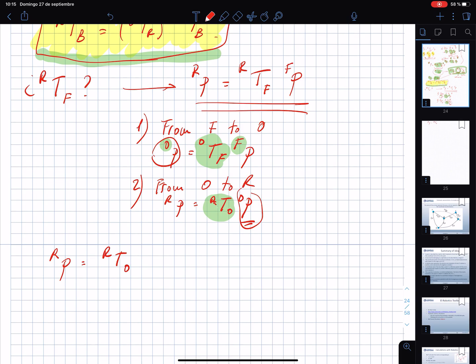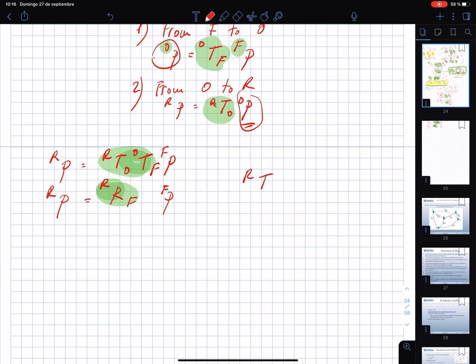So we substitute for the right hand side, and then 0TF PF appears. By using the definition of the transformation between F and R, we equate these two matrices. The matrix RTF is equal to the matrix RT0 multiplied by the matrix 0TF.